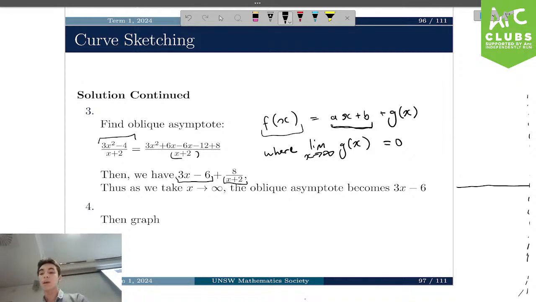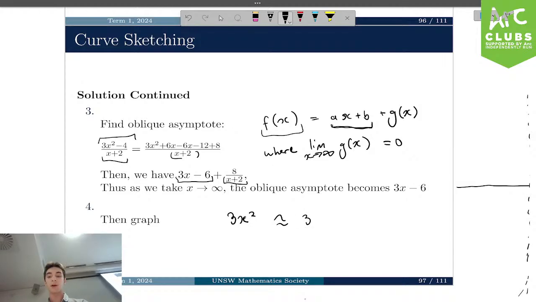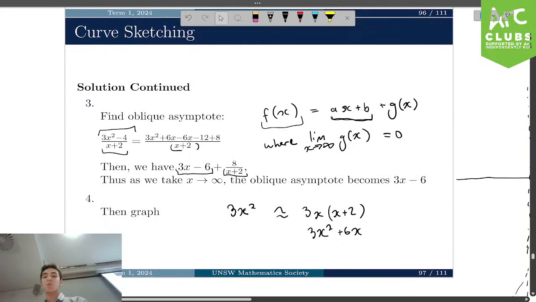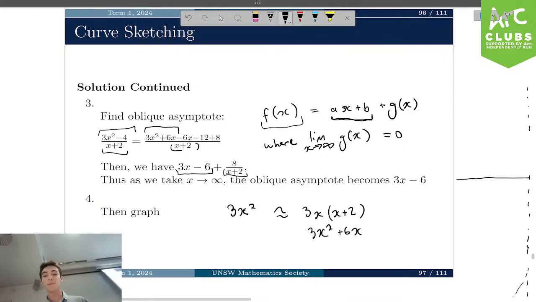So if we've got a 3x squared in that top expression, then the closest that we can get to 3x squared with a multiple of x plus 2 is 3x times x plus 2, right? And that gives us 3x squared plus 6x, okay?